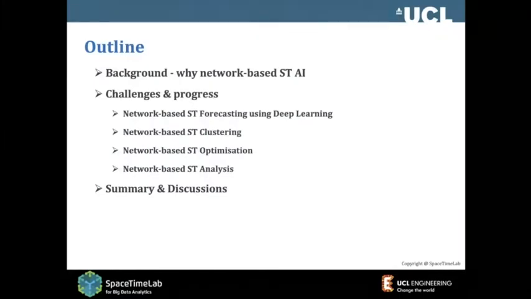Within this hour, I'm trying to give you some background on why we want to talk about network-based space-time AI, what the challenges and the progress we have made are, and then summarize it and say where we can go further.